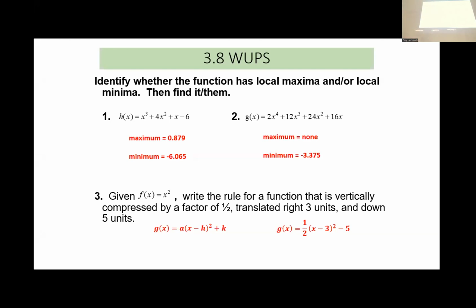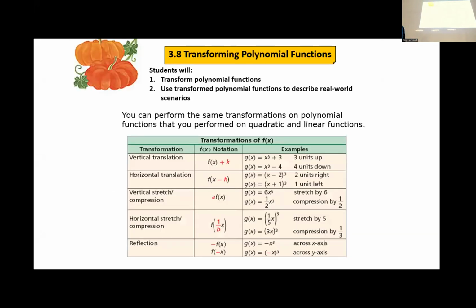Okay. So this kind of looks familiar because this is what we did back in Unit 1 and Unit 2. I told you then that we were going to use it all year long, so pay attention to that then.